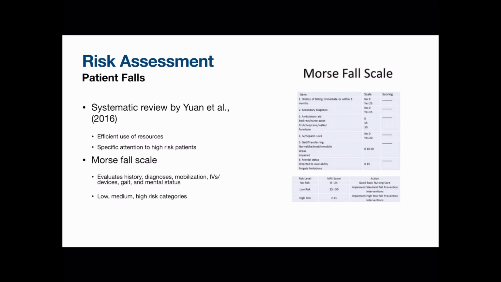The scale then will calculate a score and determine if a patient is in a low, medium, or high risk category, and then from there, specific interventions can be implemented based on what category that patient is grouped into.